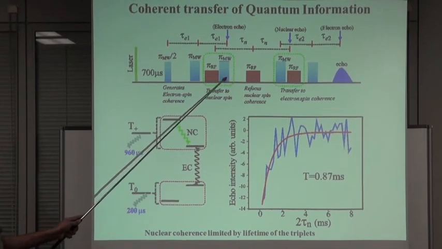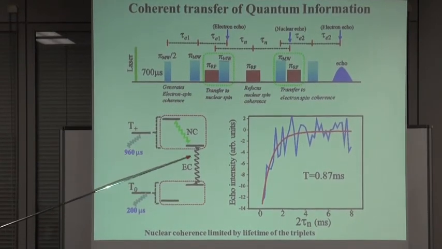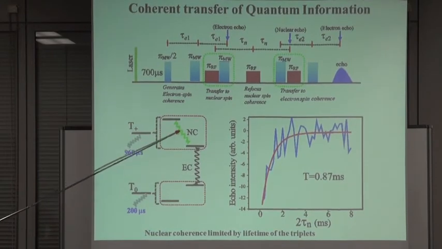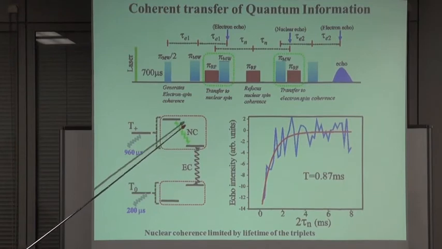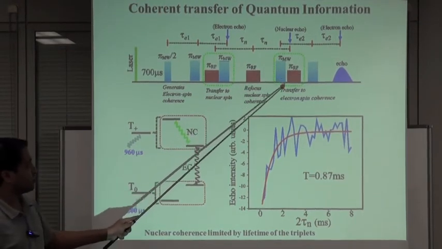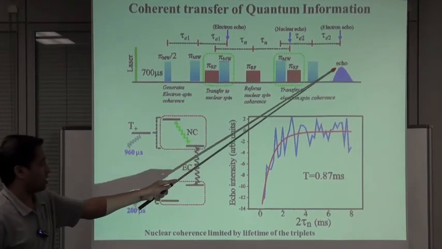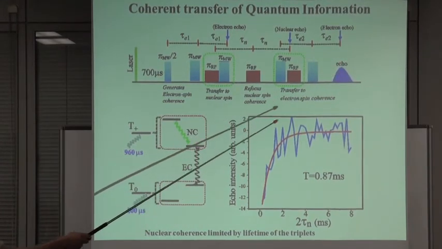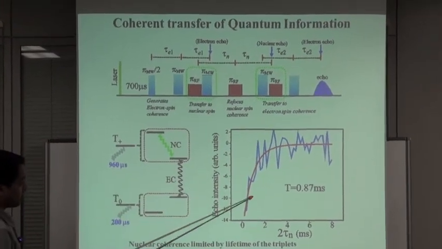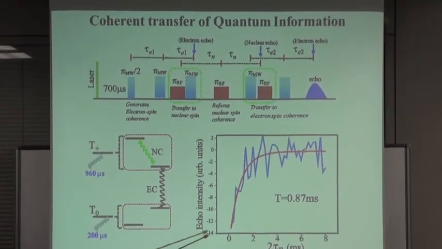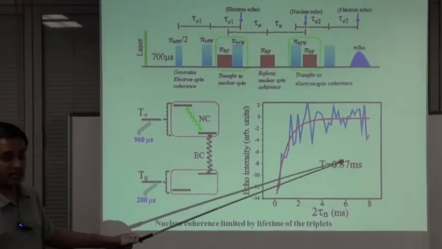Then using successive RF and microwave pi pulses, we transfer this electron coherence to the nuclear coherence, refocus the nuclear coherence, and with this pulse we transfer it back to the electron coherence and measure the echo intensity. The echo intensity as a function of this waiting time tau_n gives you this plot, and fitting gives a time of nearly 0.8 milliseconds.